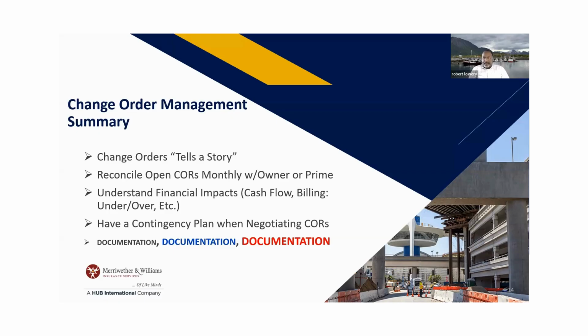Overbilling can happen if they tell you to, especially if it gets to fourth quarter and they want to get this money spent so that next year the owner can get money, because sometimes if money's left over, they get less money the upcoming year. So they might say, I want you to overbill, load it up front. That's great, but be aware that you have that money and don't spend it elsewhere.